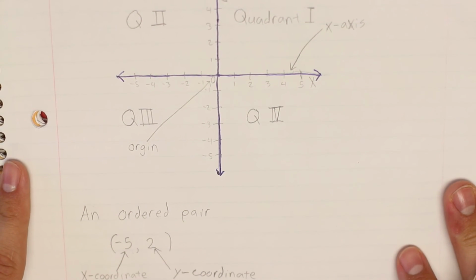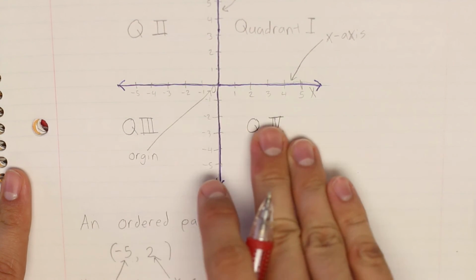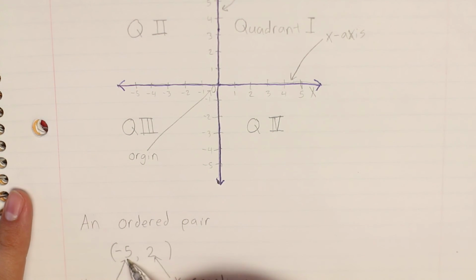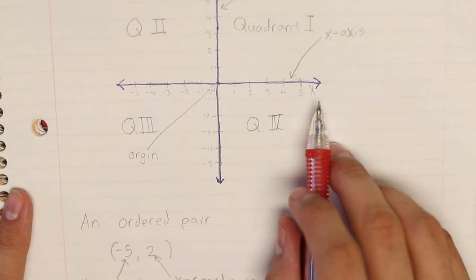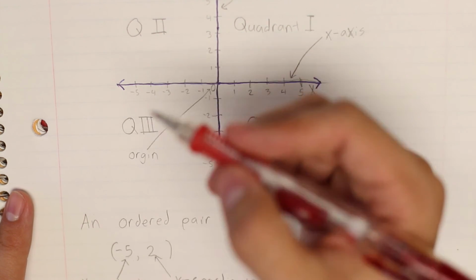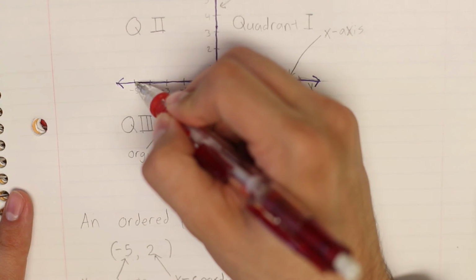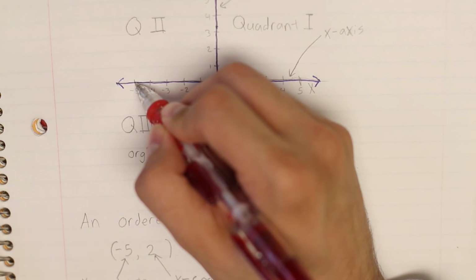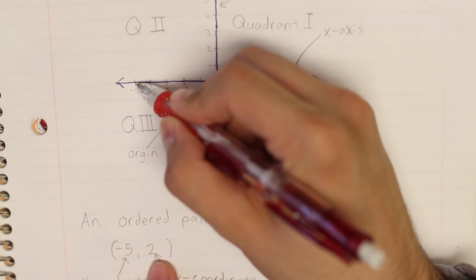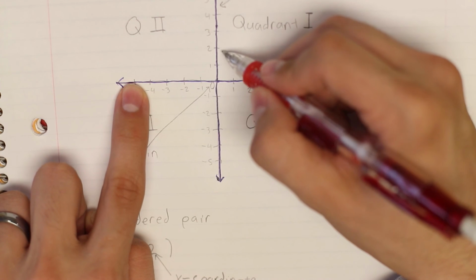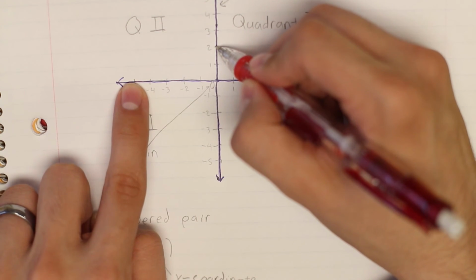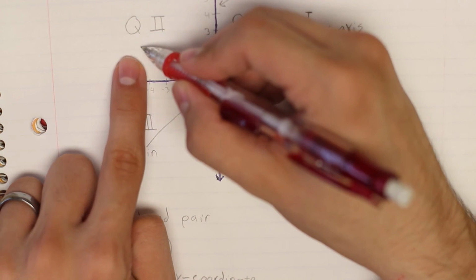So this is how you use it. If you're looking at your coordinate plane, you find where is x -5 at? Well, this is the x-axis, so x is -5 right here. Don't put a mark there. Where is y +2 at? Well, it's all +2 right here. You go to where they meet. They meet right here.